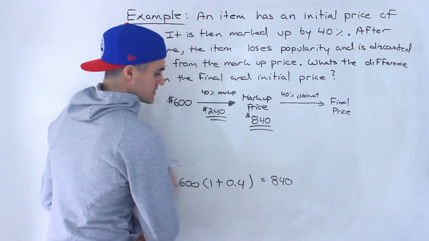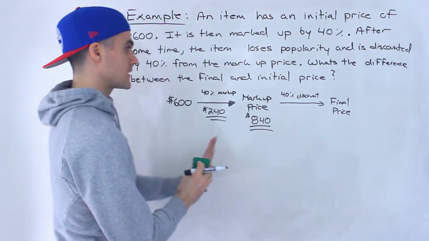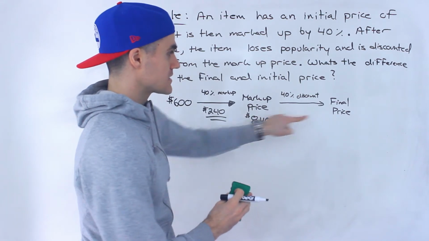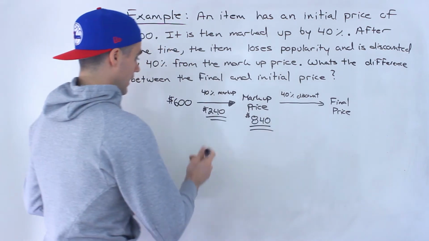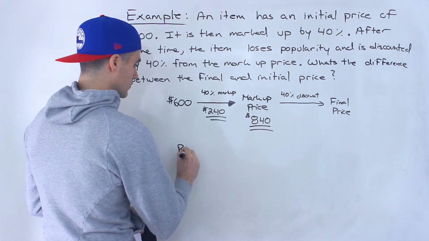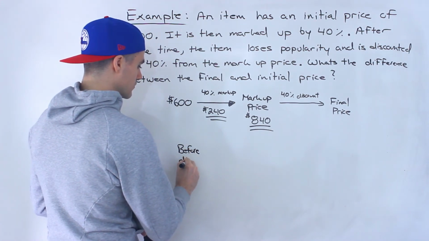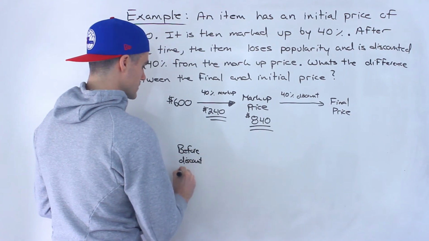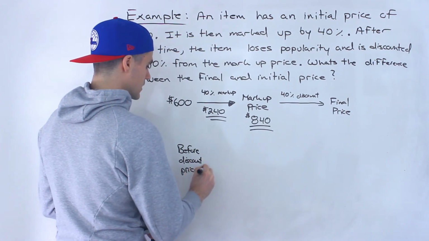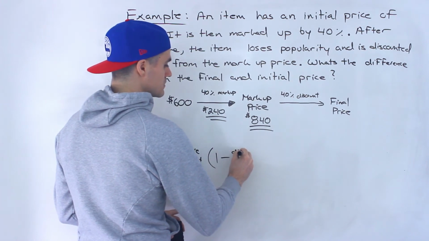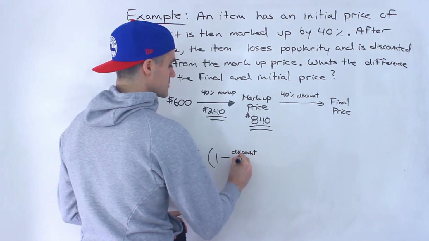Now what happens is that from here, we're going to discount this by 40% to get a final price here. And so for discounts, the before discount price, because we're discounting it, we would multiply it by 1 minus the discount in decimals.